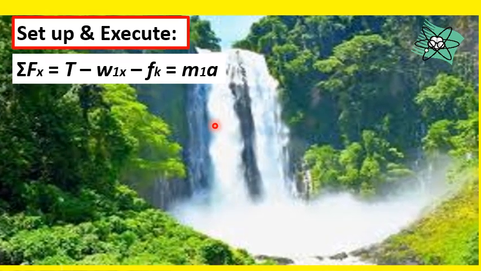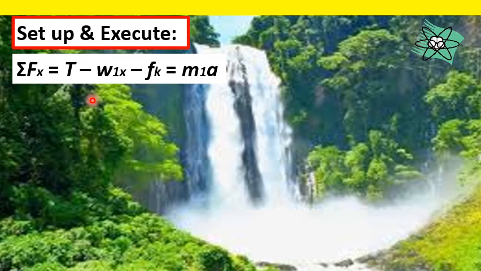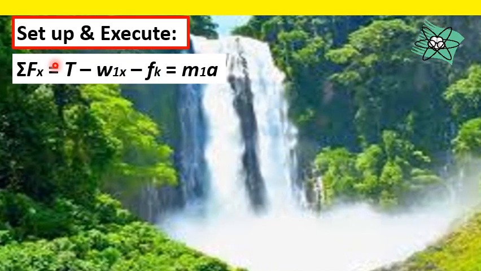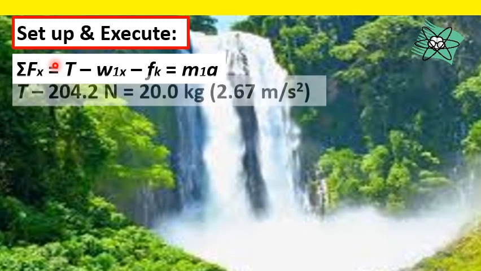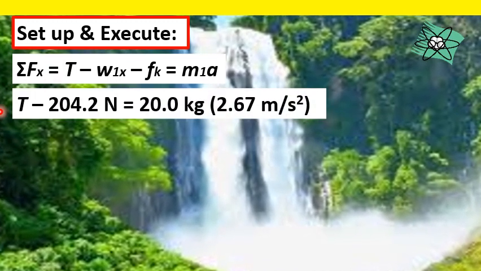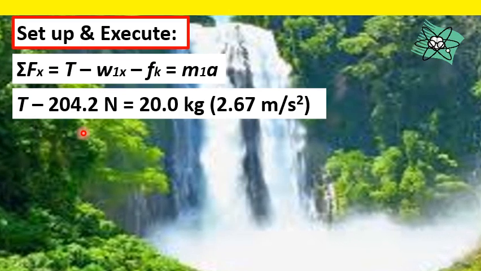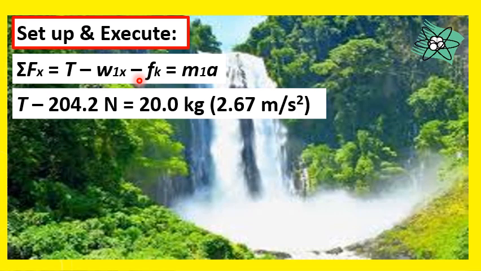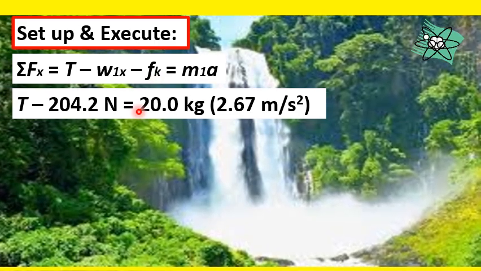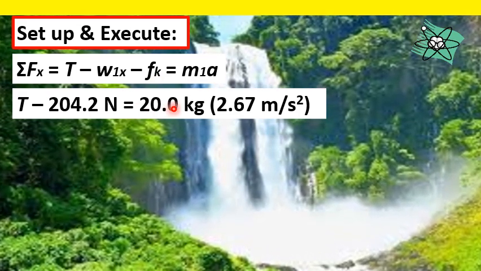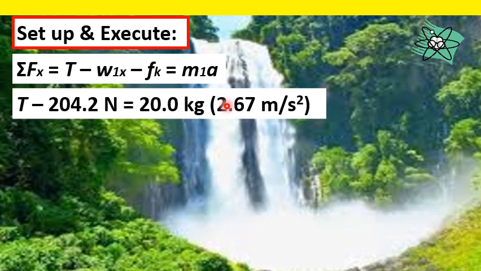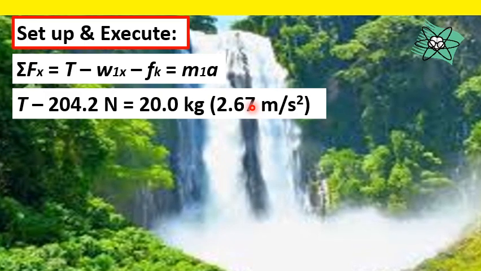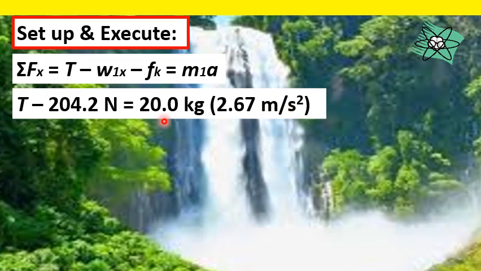So we can get the sum of W1x and Fk. That is the tension force capital T minus 204.2 newtons. That's the sum of W1x and Fk. And then equate it to the mass M1, which is 20.0 kilogram, times the computed acceleration of M1, which is 2.67 meter per second squared.